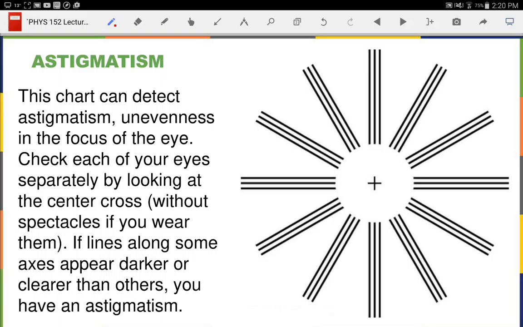And then we can correct it with contacts. Unless, of course, if they're using that method, you lie on your side for a while and the contact rotates around. And it would make your astigmatism worse. Stand on your head, it'd come all the way around and you'd be fine again. So that's what astigmatism is. It is a non-uniformity in the cornea shape.